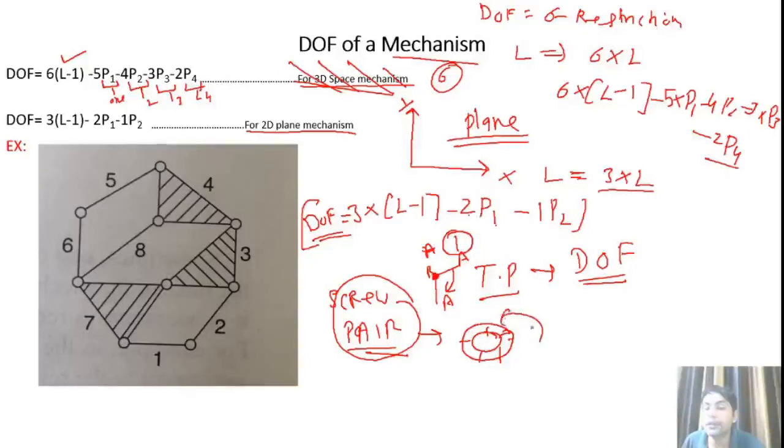If we rotate it, it will move forward. That means there are 2 types of motions. One is rotary, another is translatory motion.